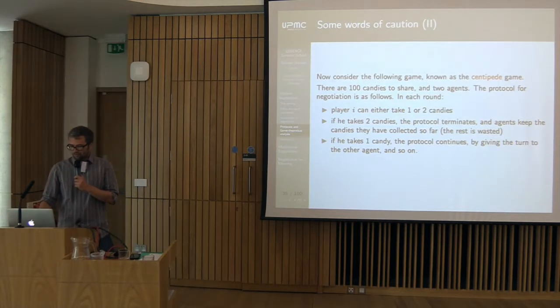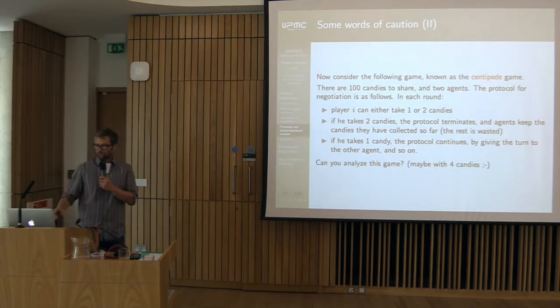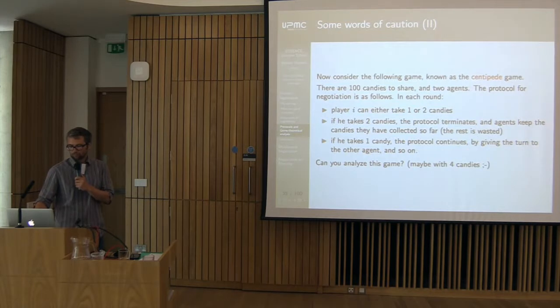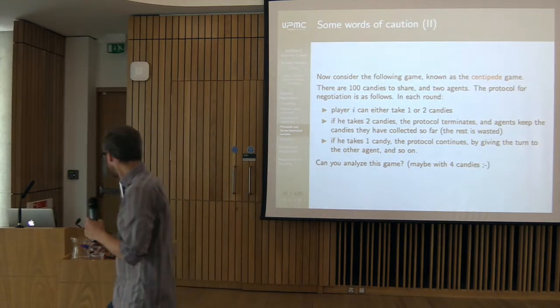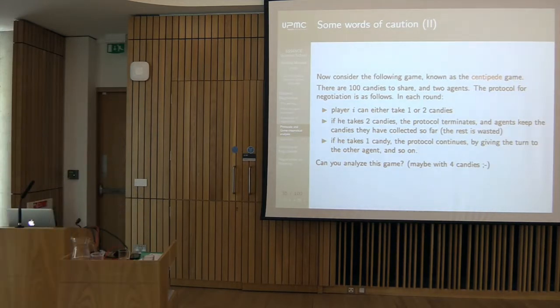So if you think about this and try to see what should be the outcome of this game, maybe with 4 candies, I can draw it, I guess. So let's start with agent 1.